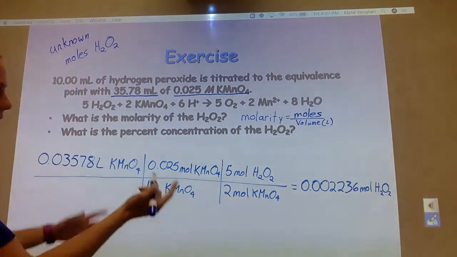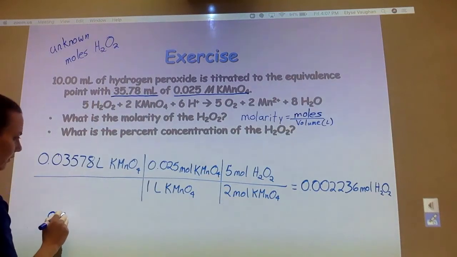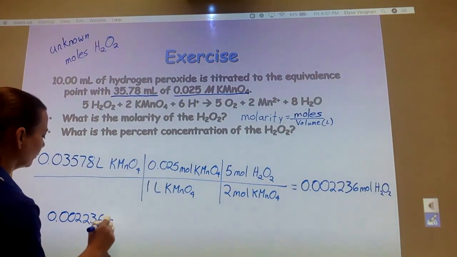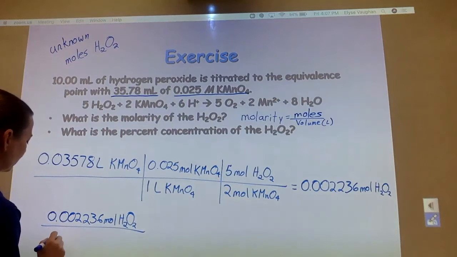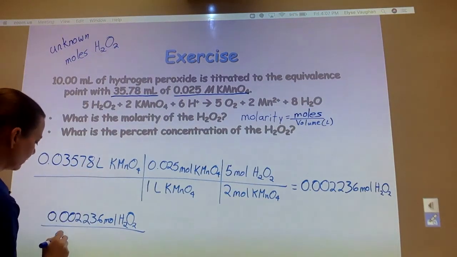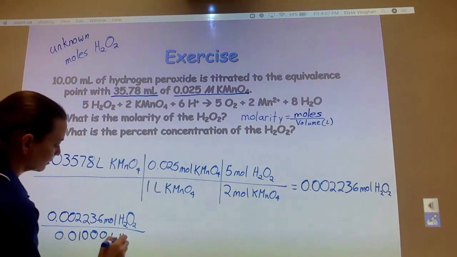peroxide. And in order to get to molarity, I am again going to take my moles, 0.002236 moles of hydrogen peroxide, and I'm going to divide it by my volume. This time it has to be in liters because I used liters here, 0.0100 liters of hydrogen peroxide.